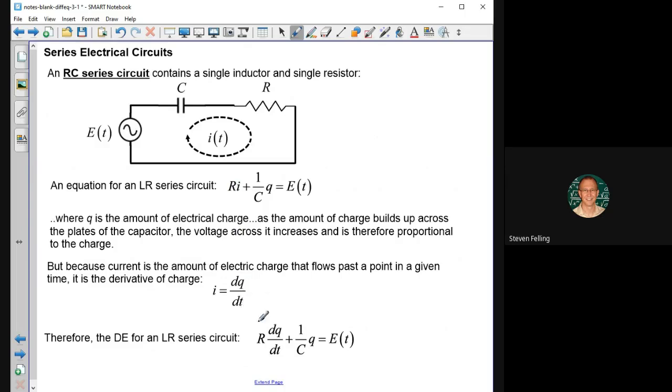So the resistance times the derivative of charge with respect to time plus 1 over the capacitance times the charge equals the total voltage applied across the circuit. Again, we have a linear first order differential equation that we can use to solve a simple two-element circuit.